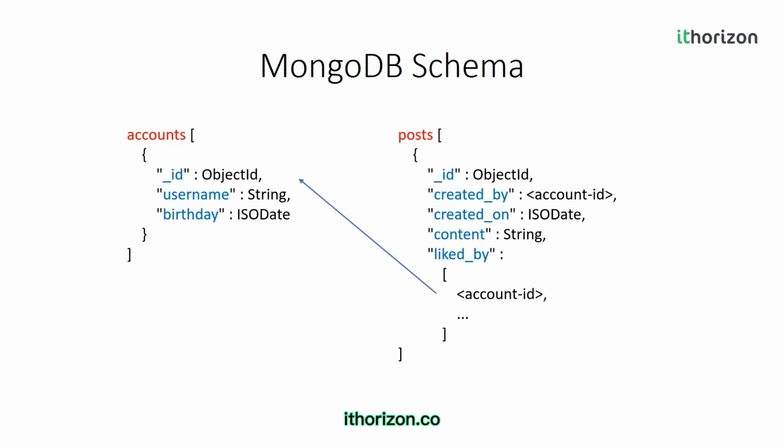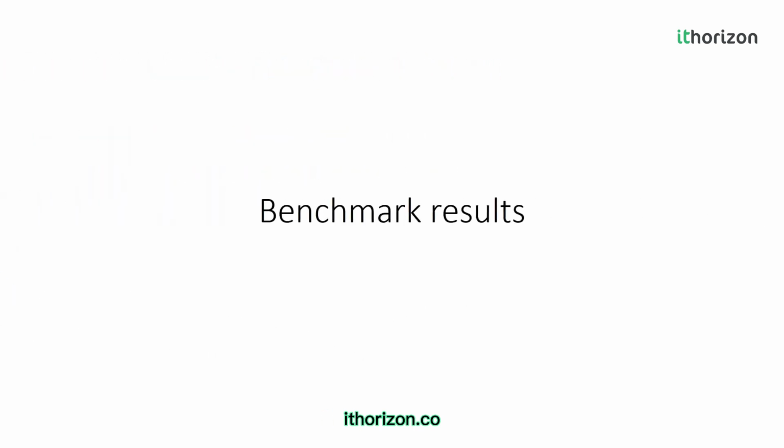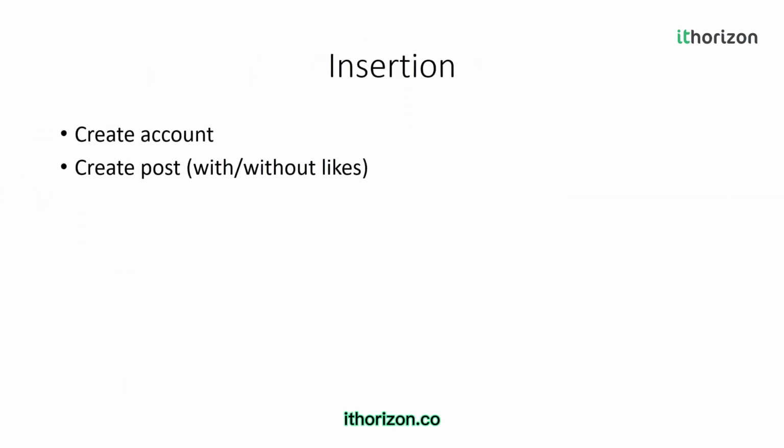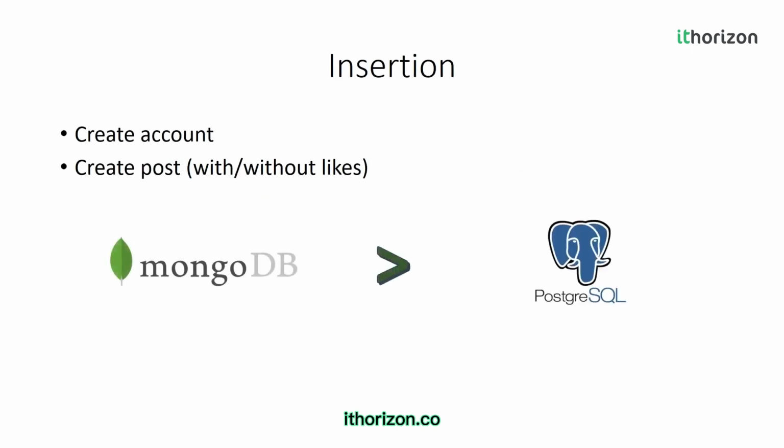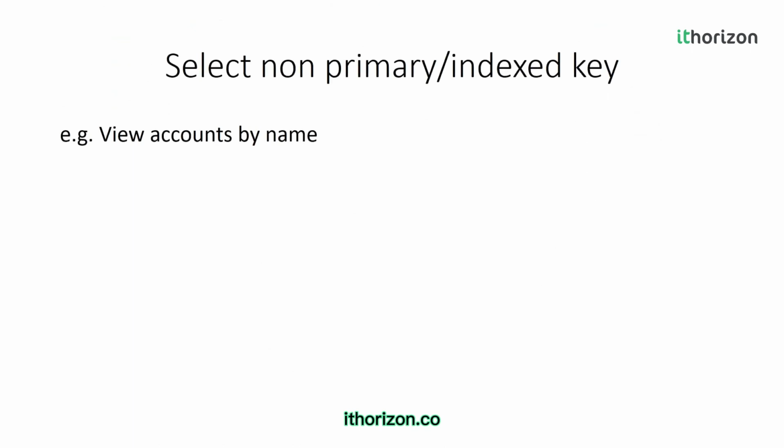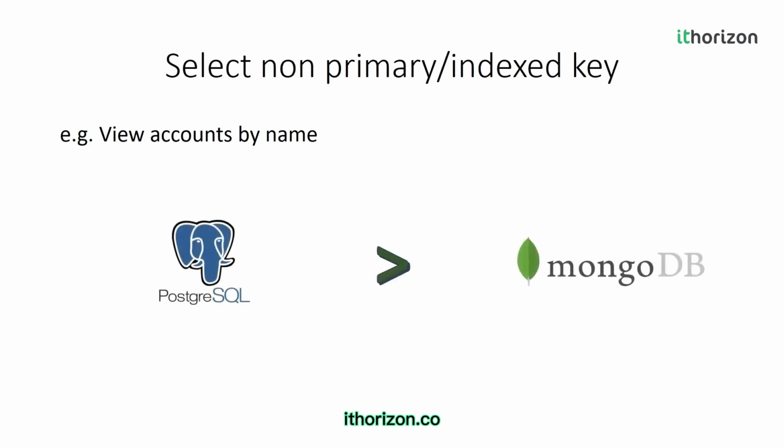We then executed several benchmarks matching our use cases, and this is the result. Inserting data, for example creating new posts, is faster with MongoDB than with PostgreSQL. MongoDB has to check less constraints because it does not have to ensure a consistent schema. Accessing data is faster in PostgreSQL, especially when searching for an attribute that is not indexed.